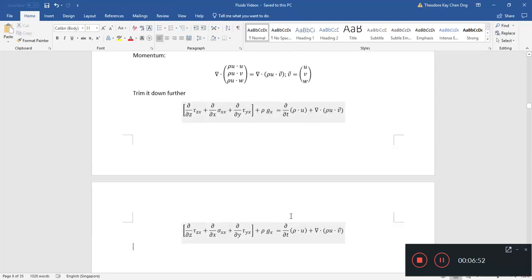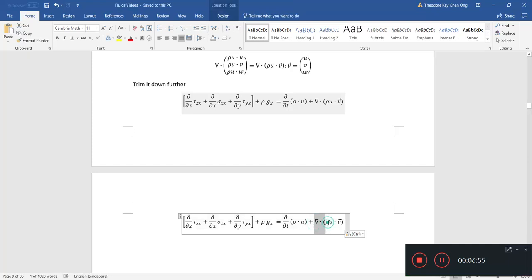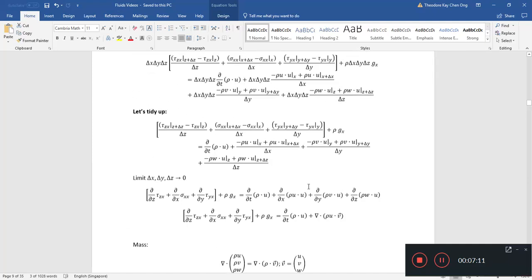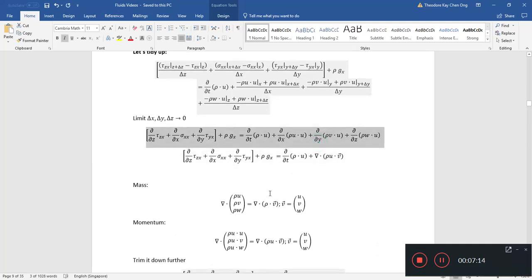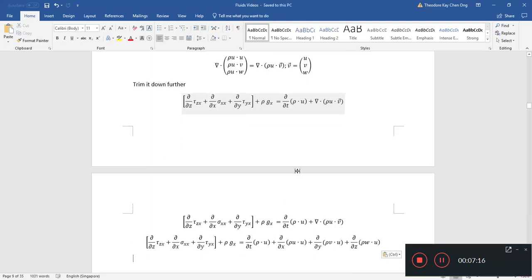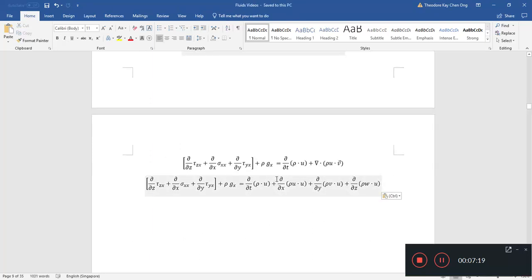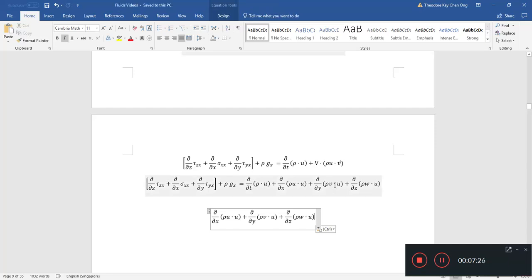We want to so-called factorize things out. We want to apply the product rule for all these, because there's a way we can trim it down even more.